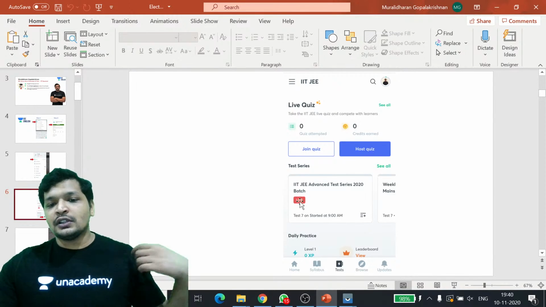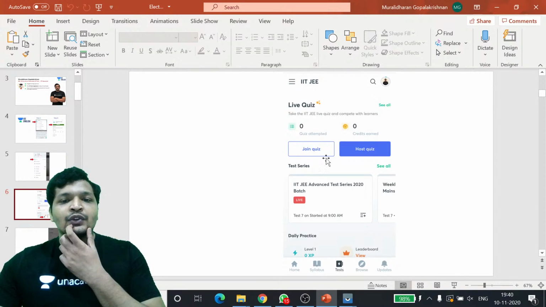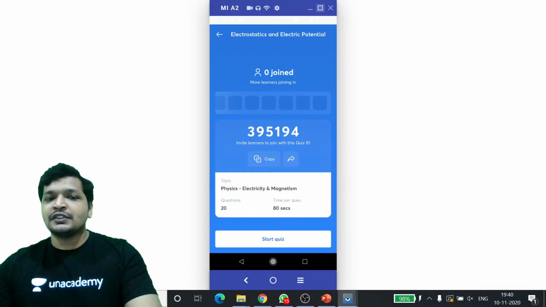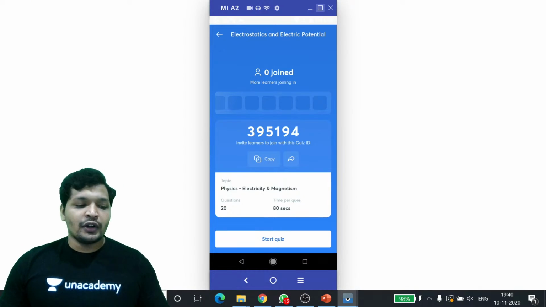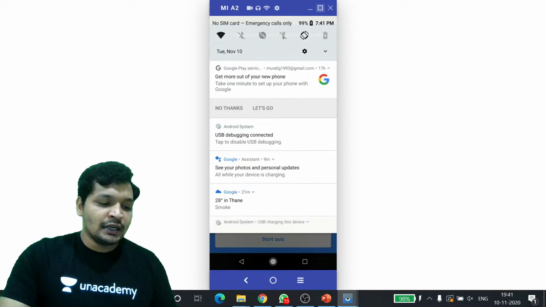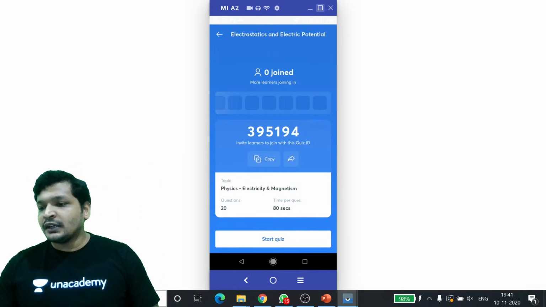Quiz is free of cost, and on the bottom you will have a test tab, and then you can click on the join quiz button. Just enter this code. The interface might have changed a bit, so you may want to go according to that. So yes, join the quiz, students, and make sure you're attending the quiz along with me, because it's going to be a very interesting quiz.